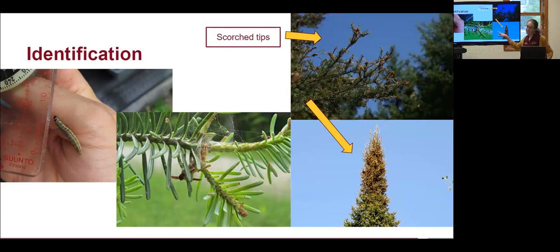And you'll find them hanging out on those tips of the trees. They make that messy web around themselves for protection. And if you step back from the tree and look at the whole thing, you can also often see this kind of rust color on the top of the tree. It looks like it's been scorched, as if a big heat came and got it, but that's the feeding of the budworm. And then this time of year, after they've hatched into moths, you can also be looking for those pupa casings that you'll see when we pass around these samples later. I think they look like little tiny brown ice cream cones on the trees.